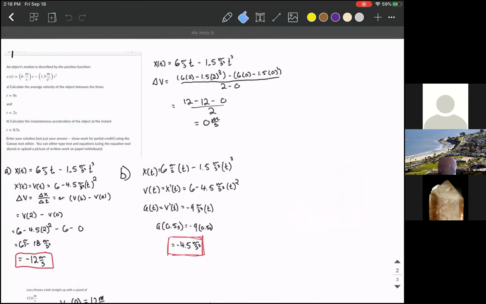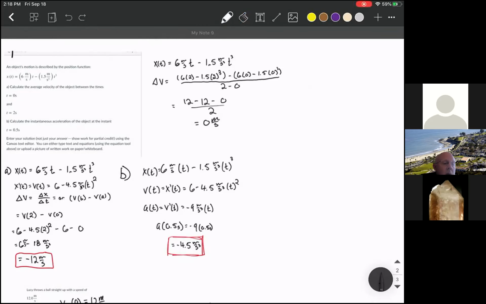Now, before I lose your formula here, let me put here 6t minus 1.5t. Is that t cubed there? Calculate the instantaneous acceleration.